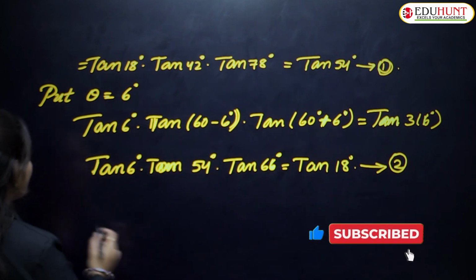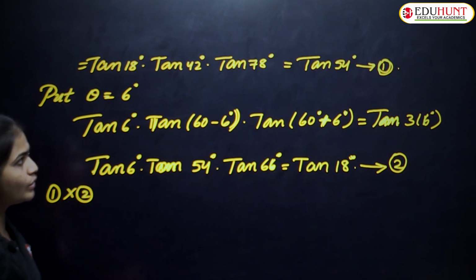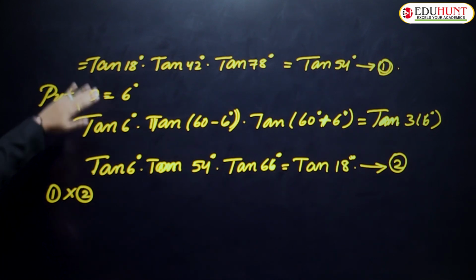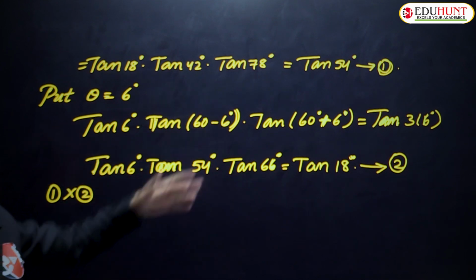Now we have to multiply equations 1 and 2. In the first equation we have to multiply first and second, LHS with LHS and RHS with RHS.